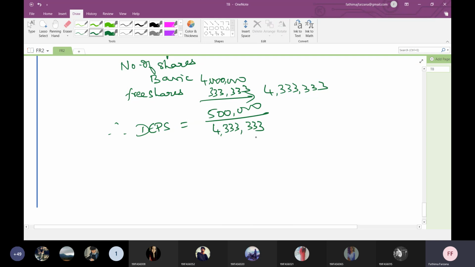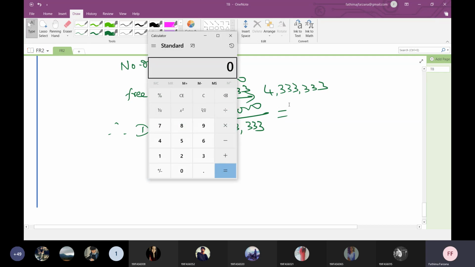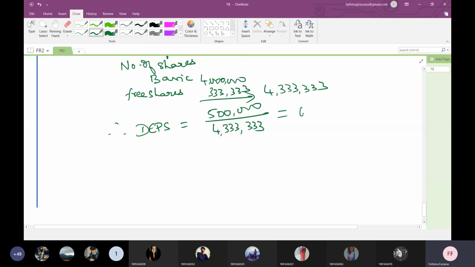So how much you're getting? 0.11538. So you can have 3 decimals at least. So I'll just write 0.115, which is equal to 11.5 cents.